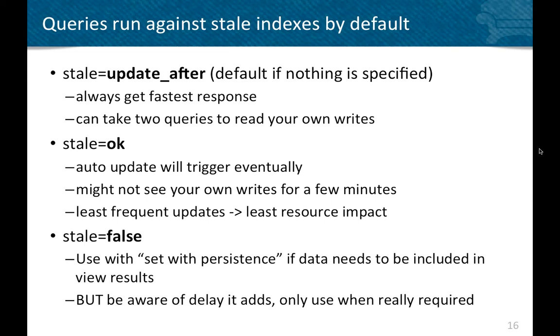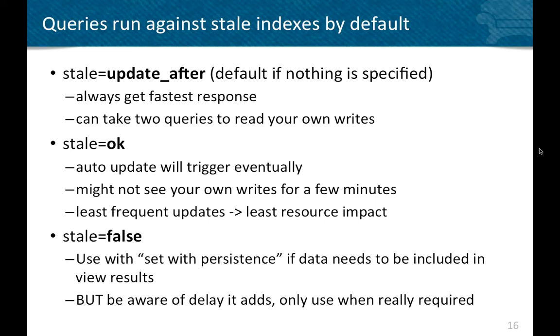So I mentioned before, there are some different options for how stale the views can be. Stale equals update after is the default, and that will give you the fastest response that uses what's already available from the disk index.